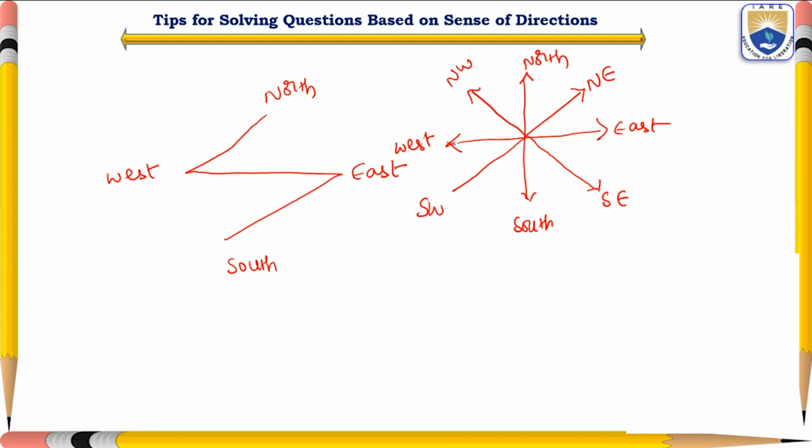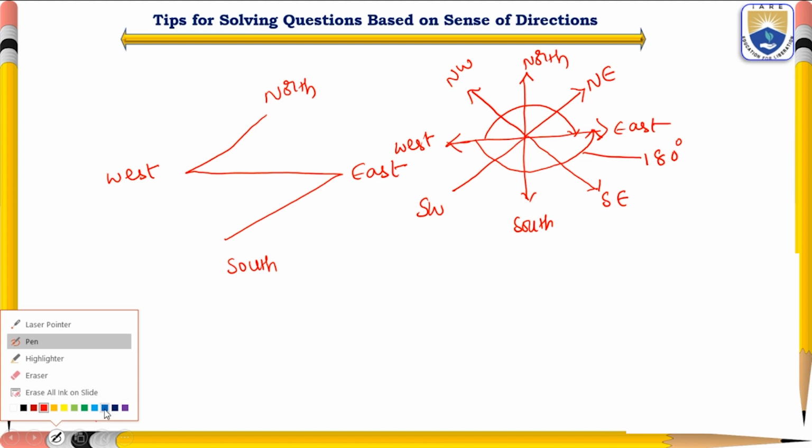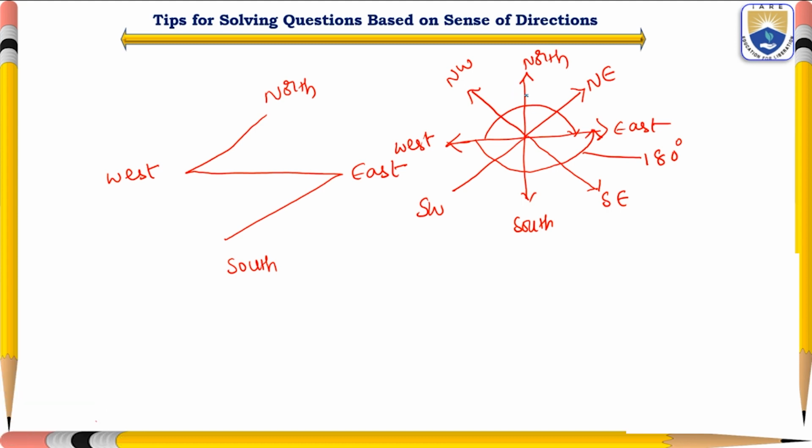From any of these directions to the opposite direction, whether moving clockwise or anti-clockwise, a person has to move 180 degrees. That is the basic element. If a person has to move from his place to an adjacent direction, he has to move 90 degrees.